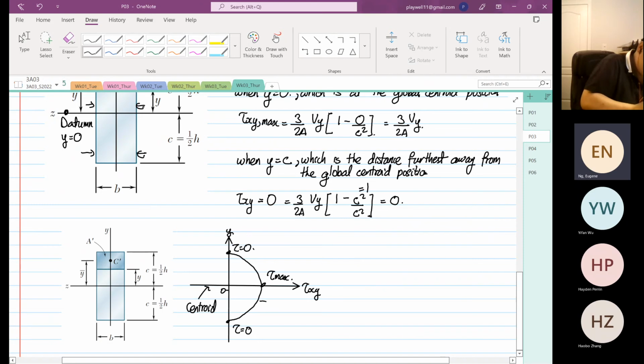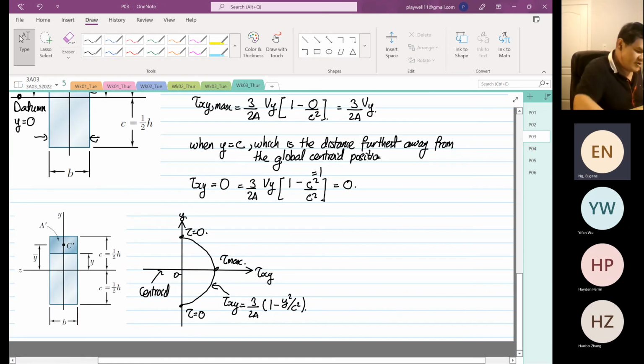Okay, and this will comply with the formula that the shear xy is equal to 3 over 2A bracket 1 minus y squared over c squared. Okay.